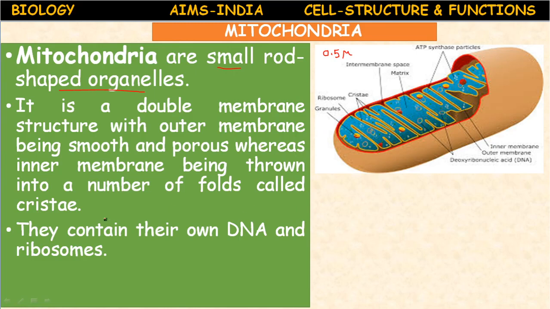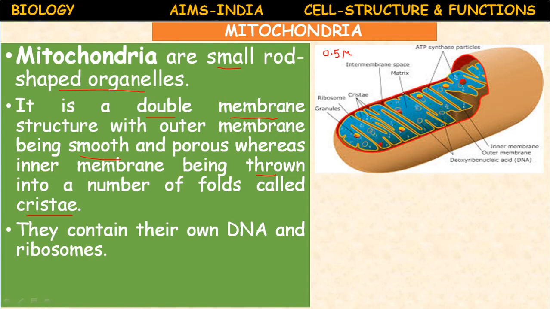Let us proceed to the structure of mitochondria. It is a double membrane structure with the outer membrane being smooth and porous, whereas the inner membrane is thrown into several folds called cristae.